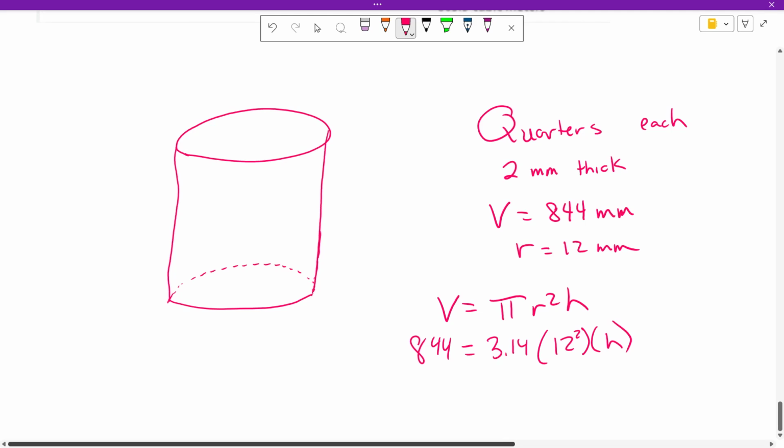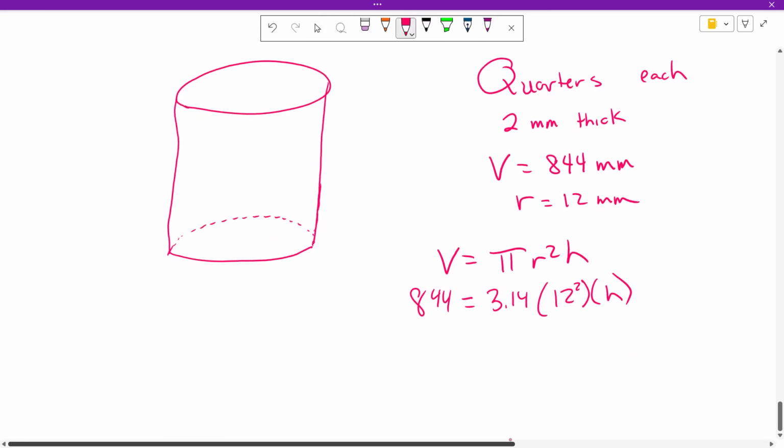I'm going to leave h as h because we don't know how high this original stack is. Okay? So, what's 3.14 times 12 squared? 452.